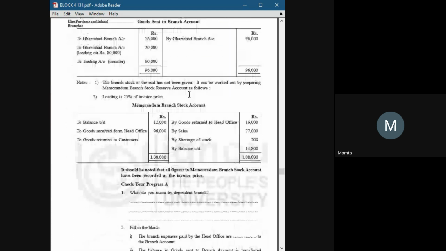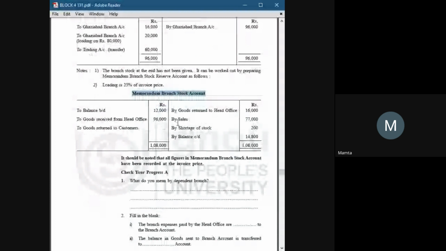After doing all this, you will have to make a memorandum branch stock account. In this, you will show the branch stock balance: opening balance 12,000, goods we received from the head office 96,000, goods we have returned to the head office 16,000, and sales of goods made during the year 77,000. The shortage of stock is 200.